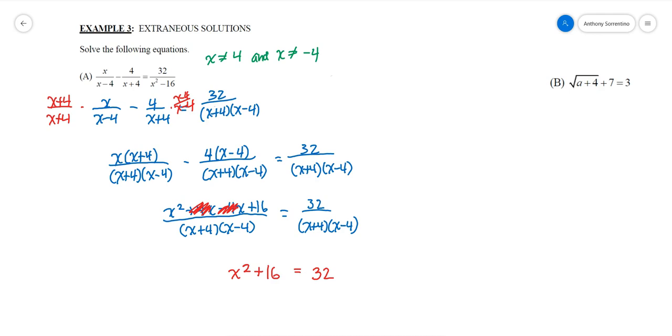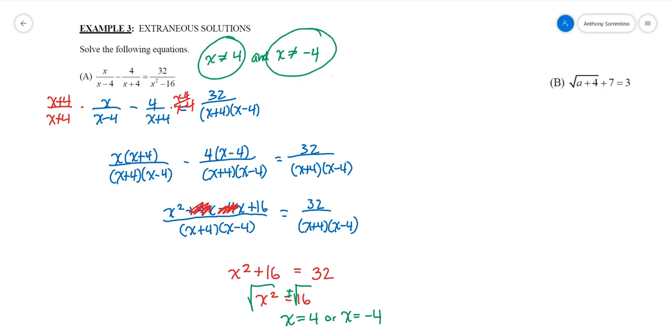Makes sense. And so x squared is going to be 16 when I subtract both sides by 16. And when I square root both sides, remembering the plus or minus here, I get that x equals 4 or x equals negative 4, which unfortunately are the two conditions I said I can't have happen. Those cannot be the case.